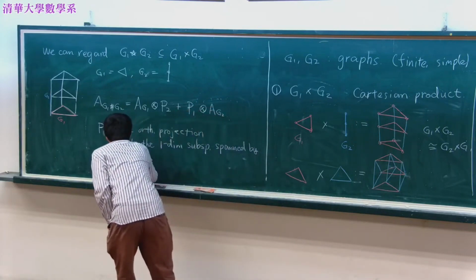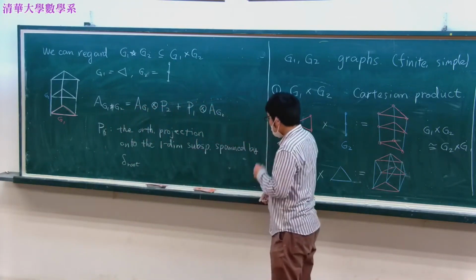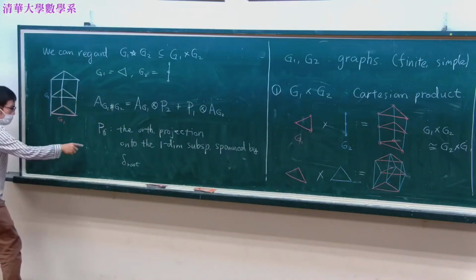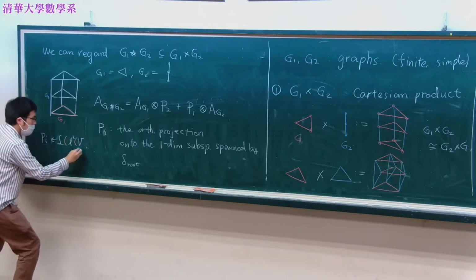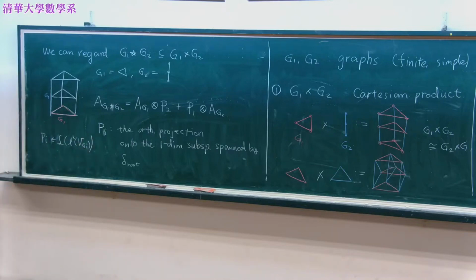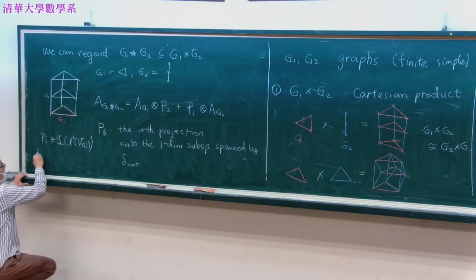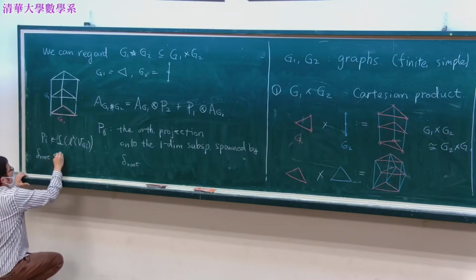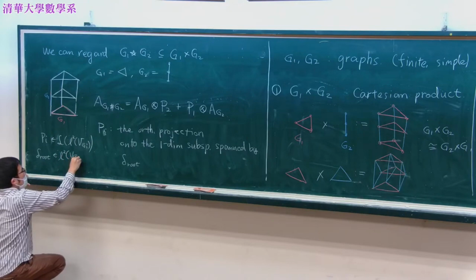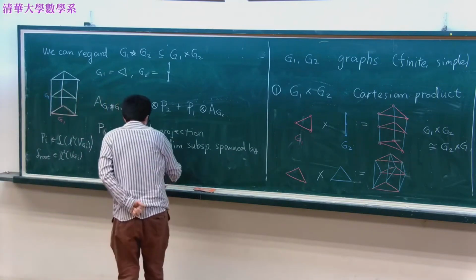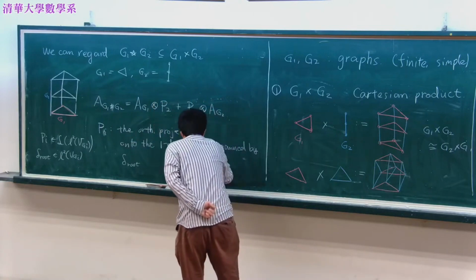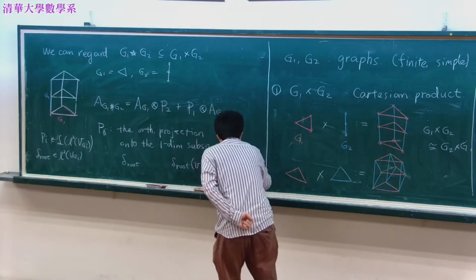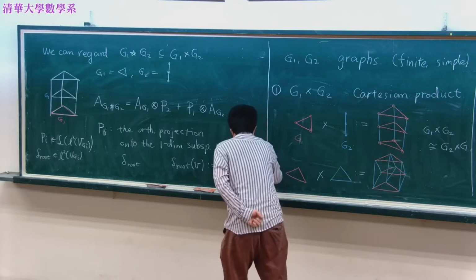So what I mean is P_i is a linear operator on L2(V_Gi), and delta_root is a unit vector in L2(V_Gi). This delta_root is a function on V_Gi defined by 0 or 1: 1 if v is the root, 0 otherwise.